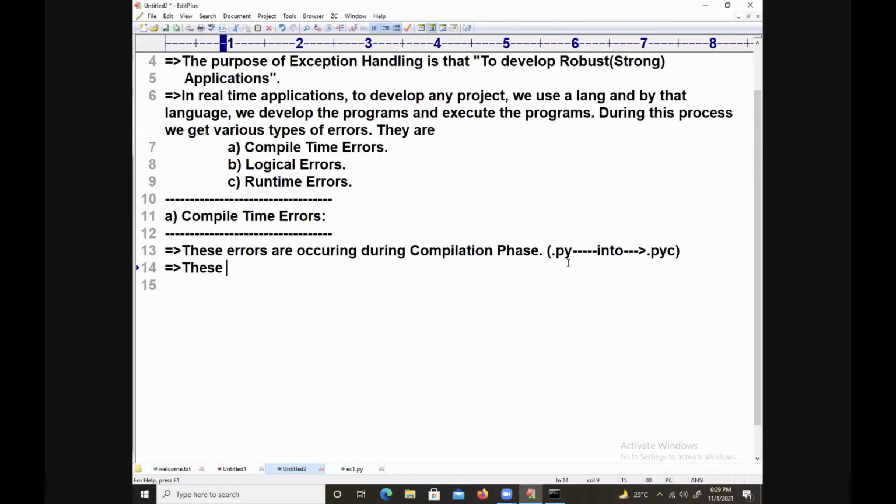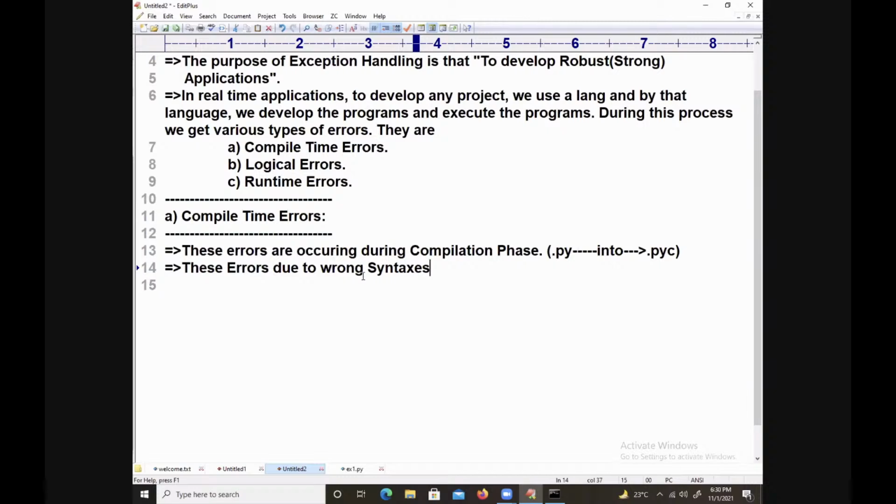Excellent. Due to wrong syntaxes, these things will occur.